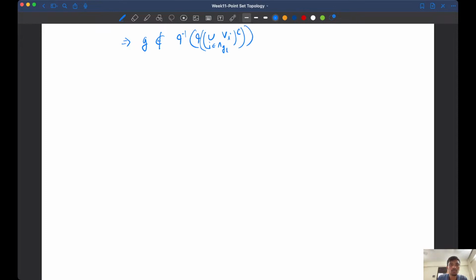So once G does not belong to this set, and this set is nothing but, as I'm writing, union over H belongs to H, union over I belongs to lambda GL Vi whole complement translated by H, right?